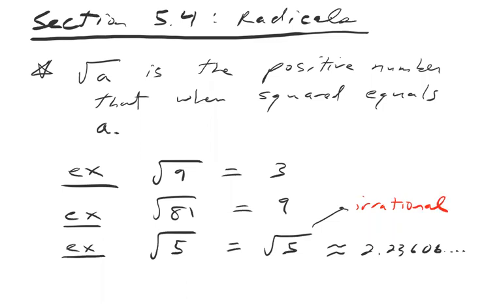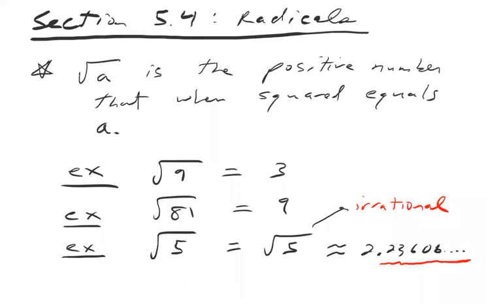So irrational numbers have an infinite amount of digits after the decimal point, and they have a non-repeating pattern. Remember that rational numbers, which were fractions, we did last section, they either terminate after the decimal or they have a repeating pattern. Well, irrational numbers don't terminate, they keep going forever, and they do not have any repeating pattern.